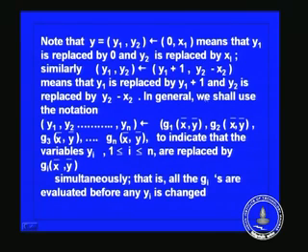In general, we use the notation y1, y2, yn is replaced by g1 x bar y bar, g2 x bar y bar, g3 x bar y bar and so on, to indicate that the variables are replaced by the corresponding values. Simultaneously, all the gi's are evaluated before any yi is changed.